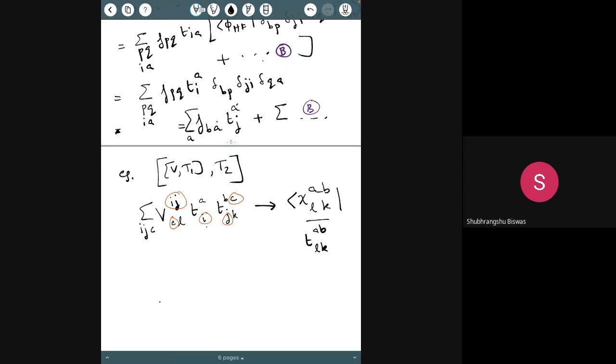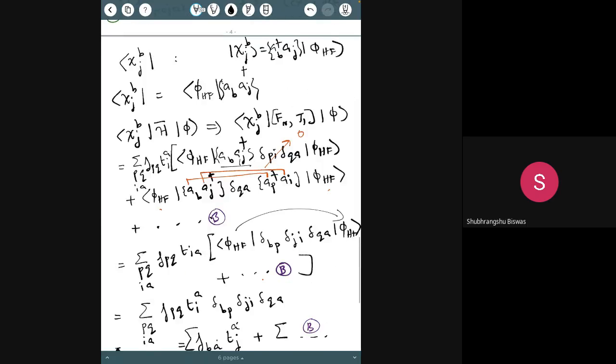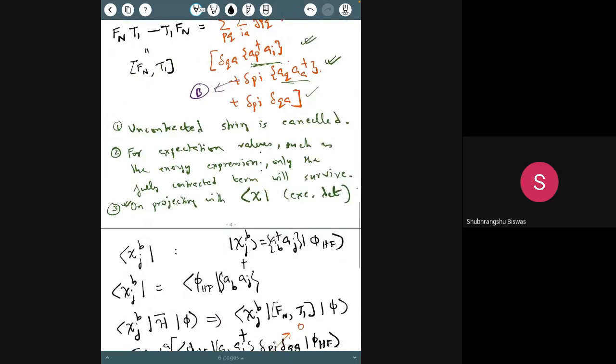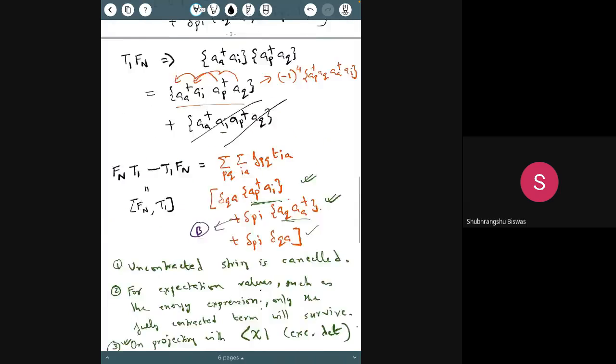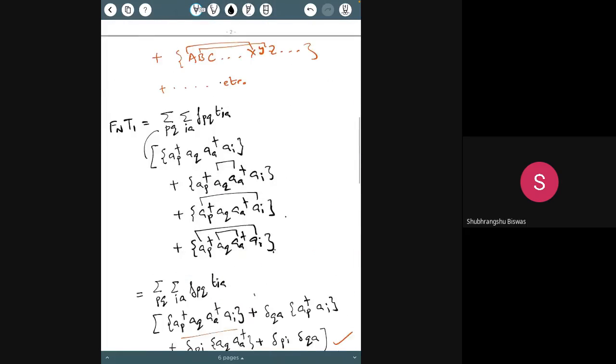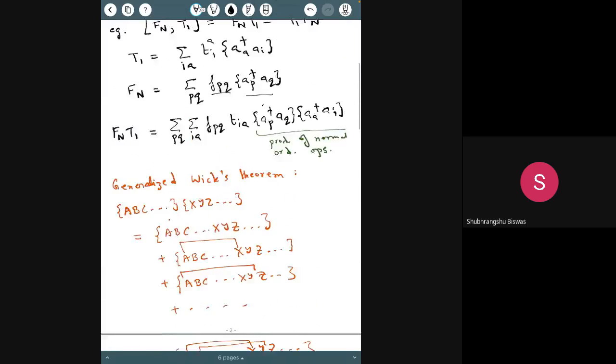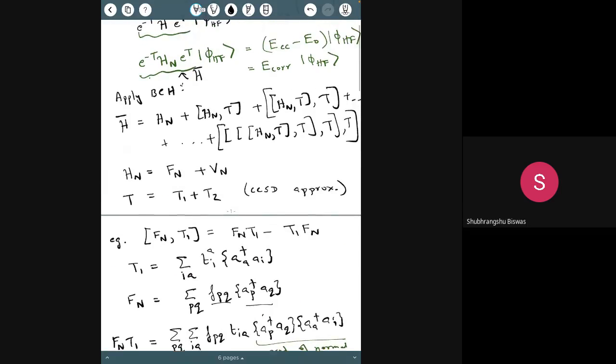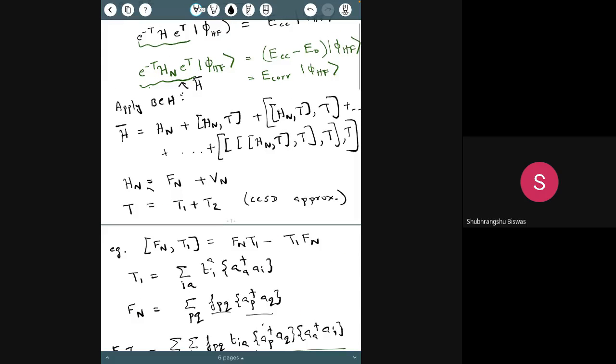So basically, I have this big equation, and I need to evaluate all the terms in this equation. I have shown you one example of one particular commutator, and you can similarly do all the rest.